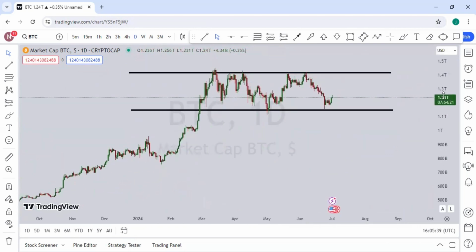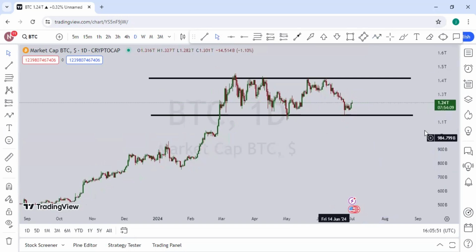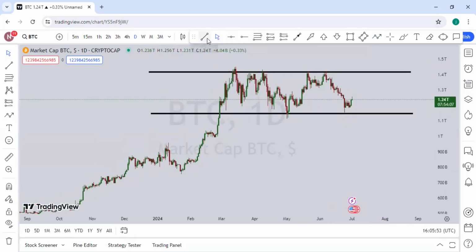So if this market does not break to the downside, break this level, retest and go for a sell, then this is what I will expect. I will draw my counter trend line from the top here to the bottom. That's the first thing I will do.